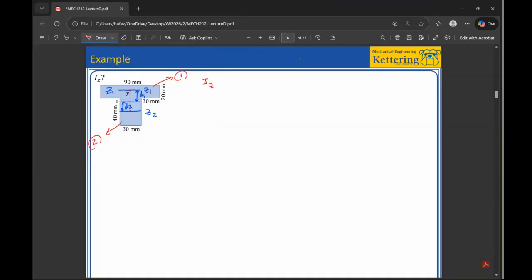So remember, I_z equals I_z1 plus d squared times area for 1, and I_z2 plus d squared times area for number 2. So then really we need to know the offsets. I_z would be just cubing a different term compared to what we did in the previous example.